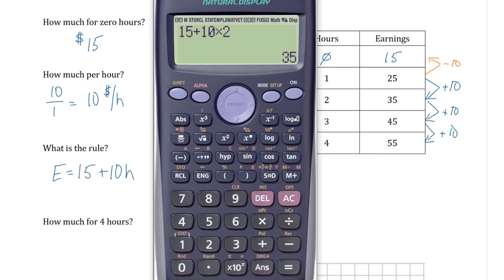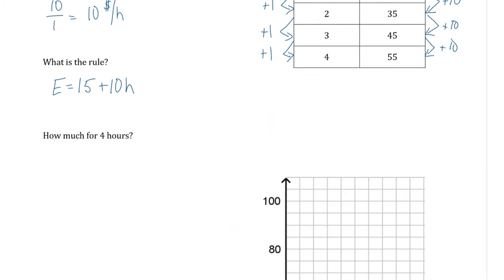See, it works for all of them. How much for 4 hours? The total earnings is 15 plus 10 times 4, which is 15 plus 40, which is 55, which we already knew because it was in the table there.